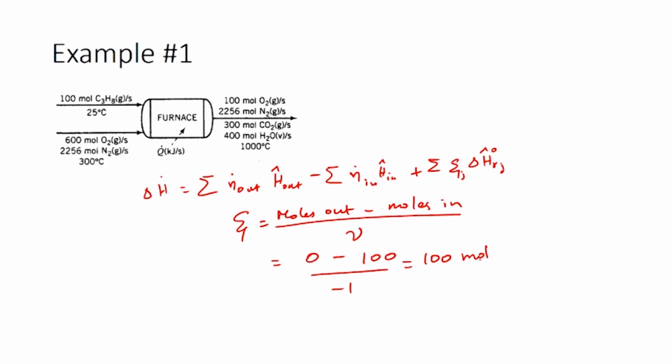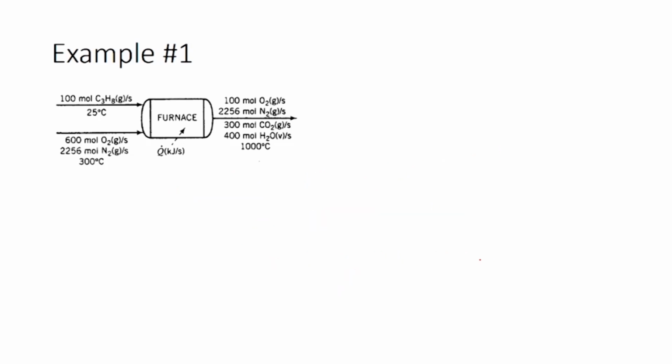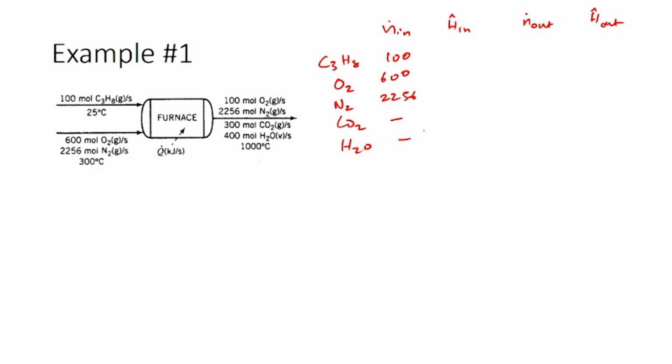Using this extent of reaction, we can plug the values back into this equation and calculate the total change in enthalpy. What we would have in the table is propane, oxygen, nitrogen, carbon dioxide and water, and the inlet flow rates N dot in and H cap in, N dot out and H cap out can all be written down as 100, 600, 2256, and 0 and 0.